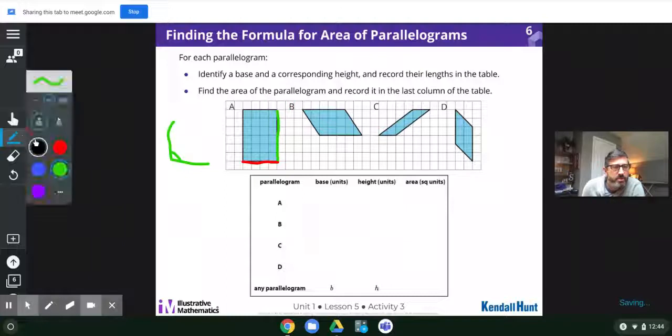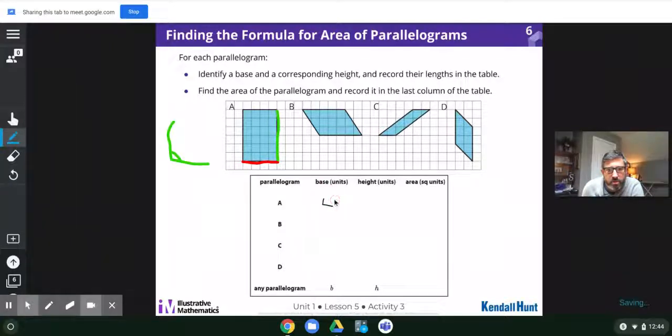So now let's count. The base line segment is equal to 1, 2, 3, and 4. So down here, we're going to write the number 4. And then the height in units is 1, 2, 3, 4, 5, and 6. All right. So what is the area?